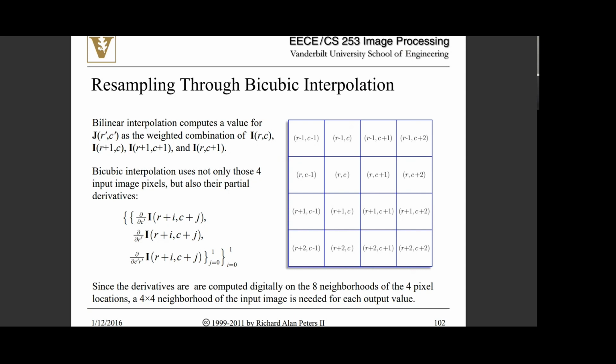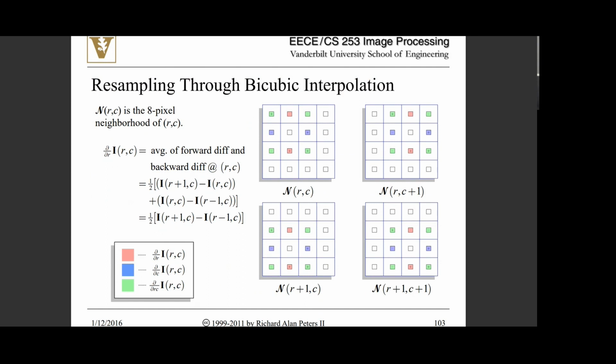Okay, so we are not restricted to just four values. I have a lot of values there. So I can estimate how the derivatives also change. And then they can have a better formula.